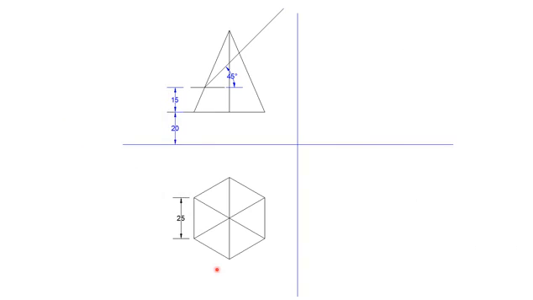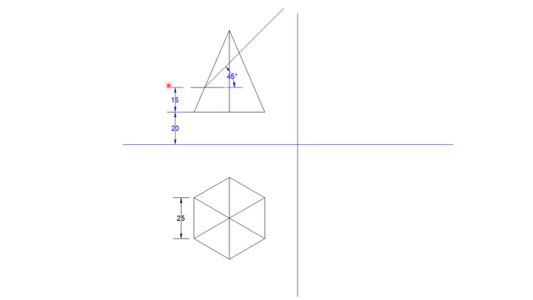After placing our pyramid or triangle front elevation in the correct position, that is 20 millimeters from the horizontal crosshairs and 20 millimeters from the vertical crosshairs, then we measure 15 millimeters, the level at which the cutting or truncation will start.